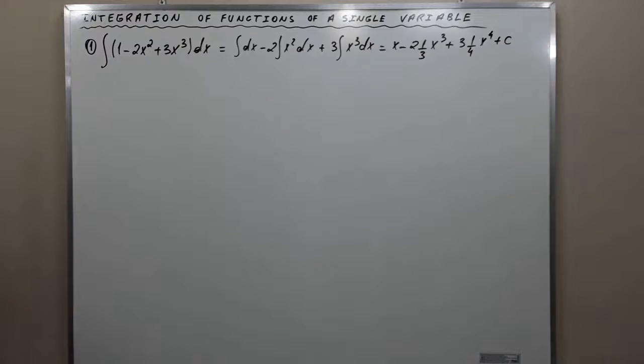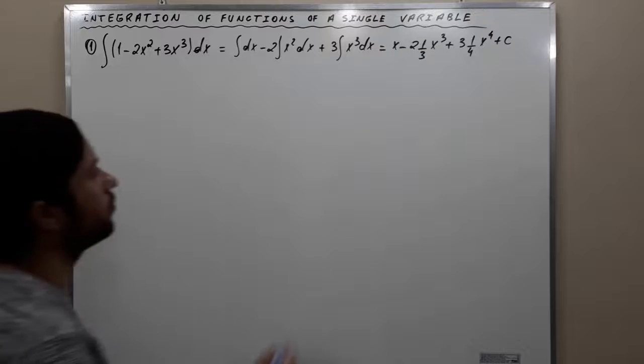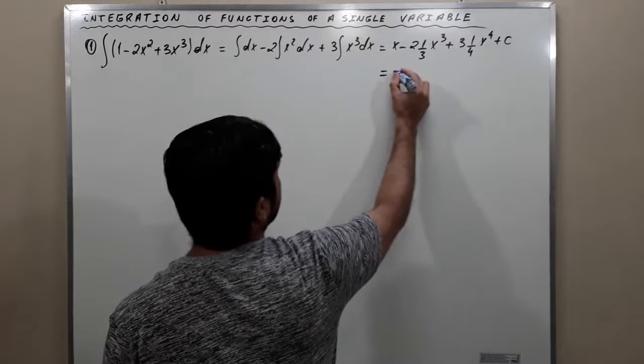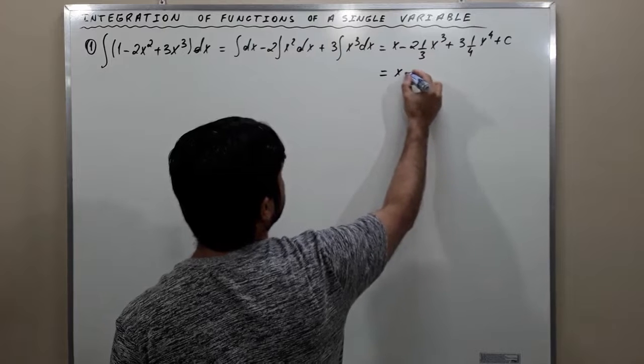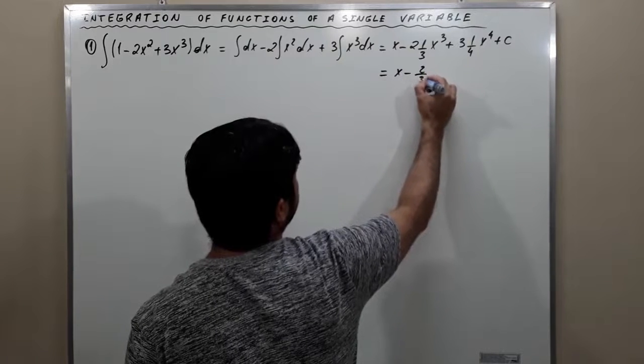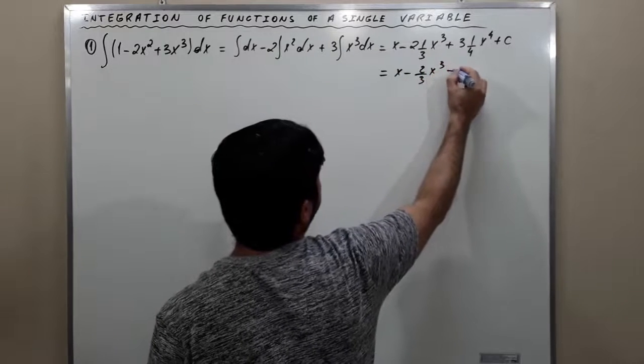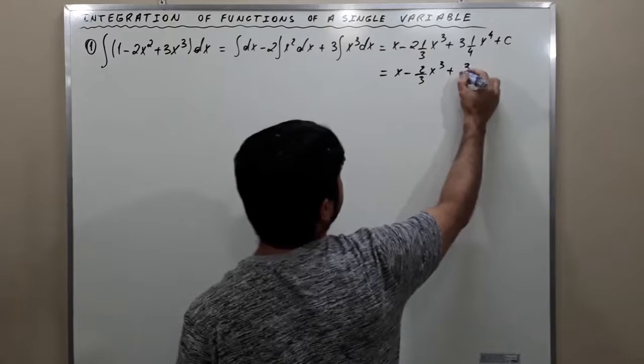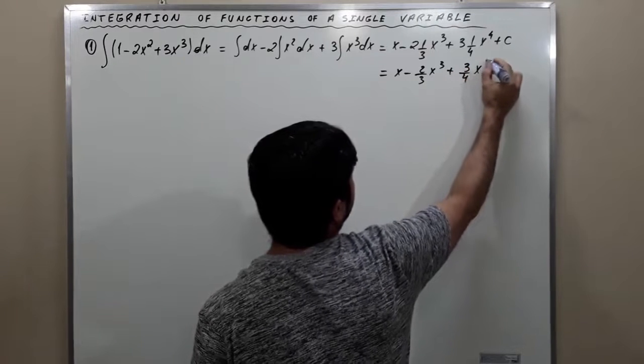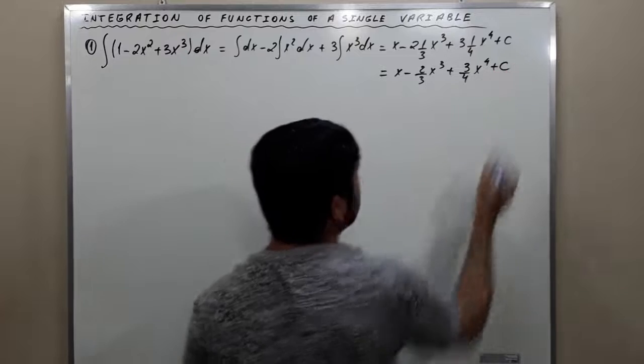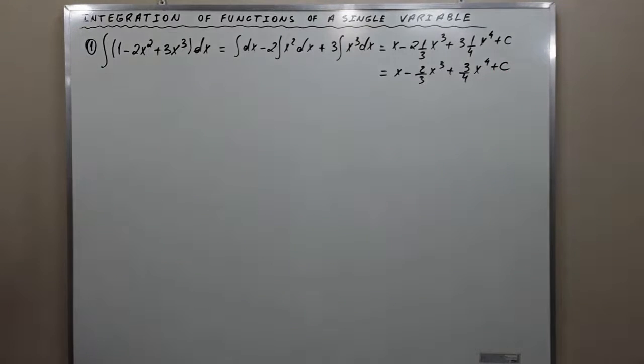Okay? We can simplify it further to find that the result is x minus 2/3 of x cubed plus 3/4 of x to the 4th plus c. Alright? This is the result of exercise 1.